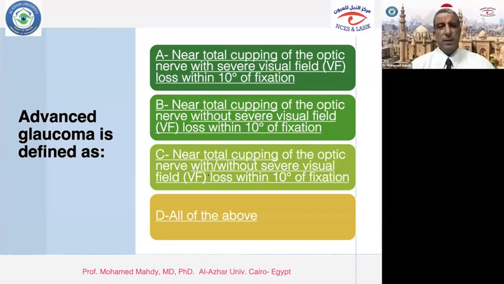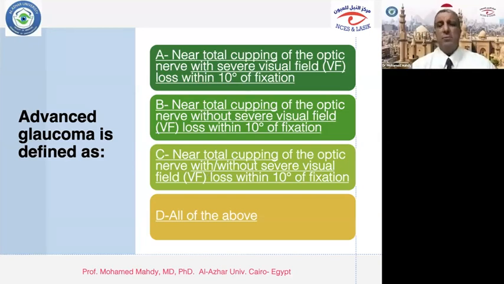I see now from the poll that about 53% of you defined advanced glaucoma as those patients with near total cupping of the optic nerve head with severe visual field loss, within the center 10 degrees of fixation, and about 33% chose all of the above.